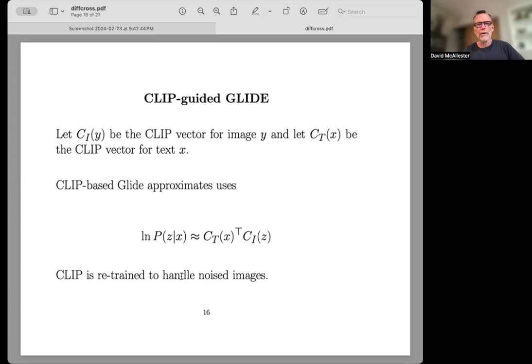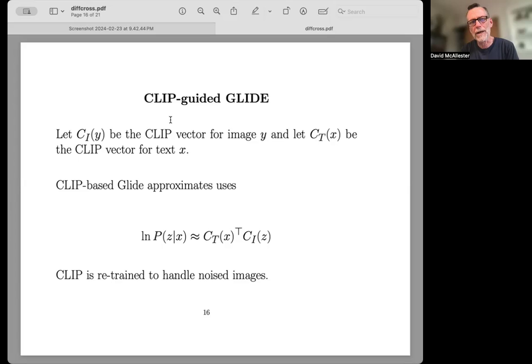So what we're going to do is classifier-free guidance. If you remember that, we're going to optimize the probability of the image given the text, and we're going to try to suppress the background probability of the unconditional image. That's what classifier-free guidance does.